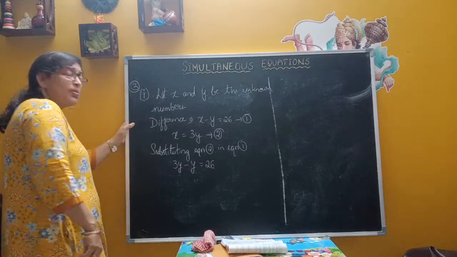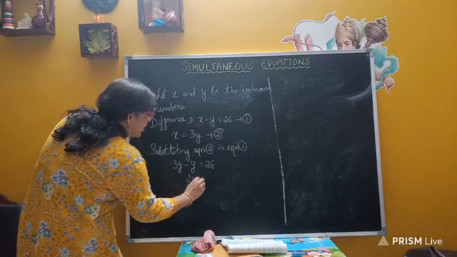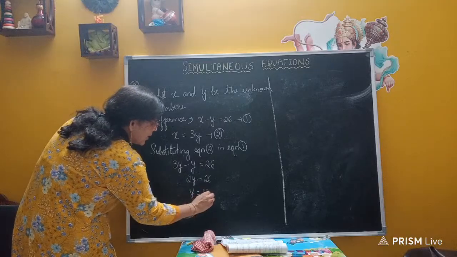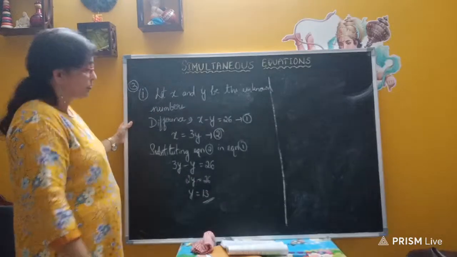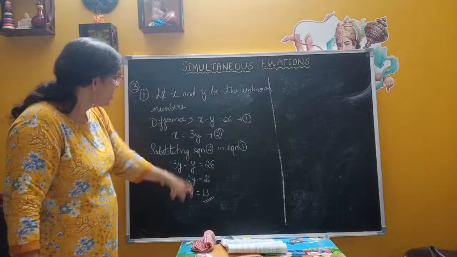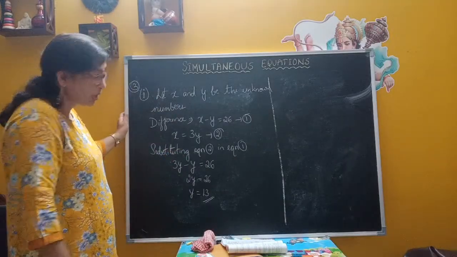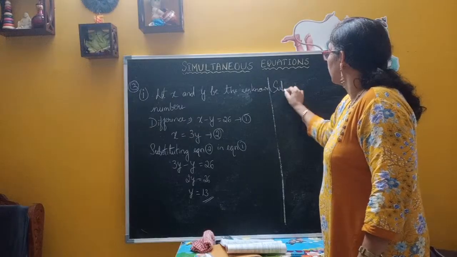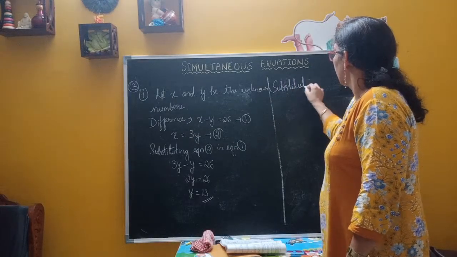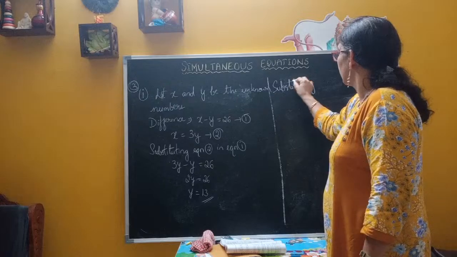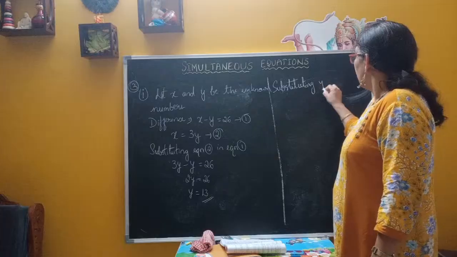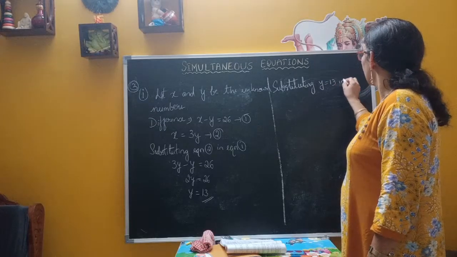So 3y minus 1y, how much? 2y. So 2y is equal to 26, and y is equal to 26 by 2. It is 13. One of the numbers is 13. For the other number, substitute this in equation 2. Substituting y is equal to 13 in equation 2.